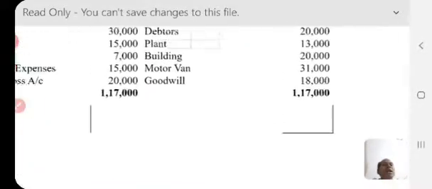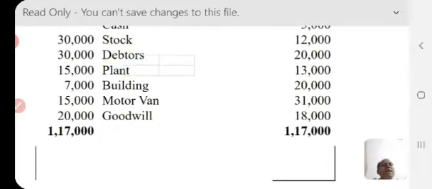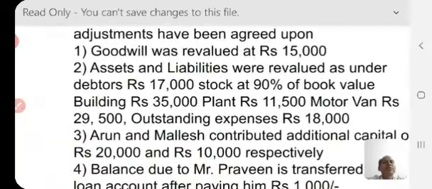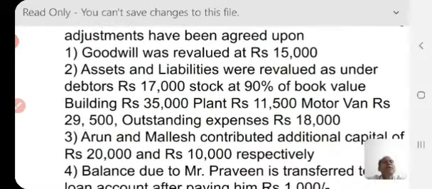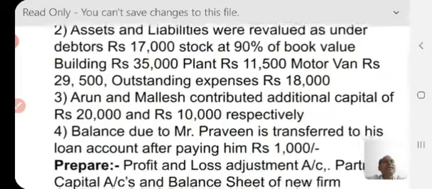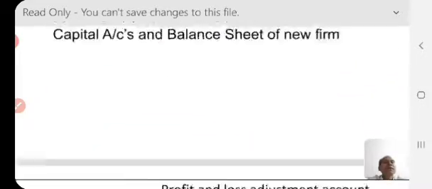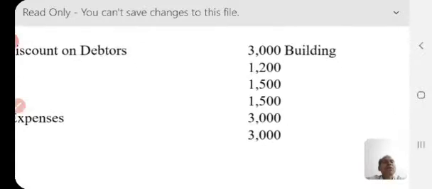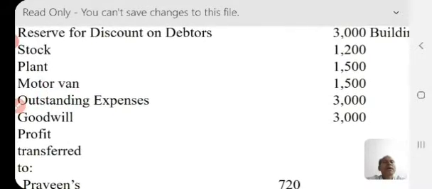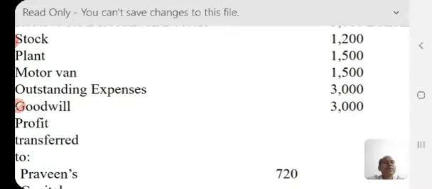See, the goodwill is 18,000 in the balance sheet, and in the adjustments 15,000 is here. So the value of the goodwill is decreased by 3,000. It is mentioned at the debit side.